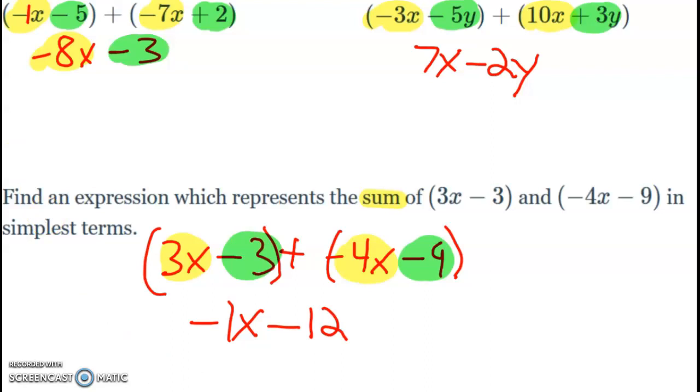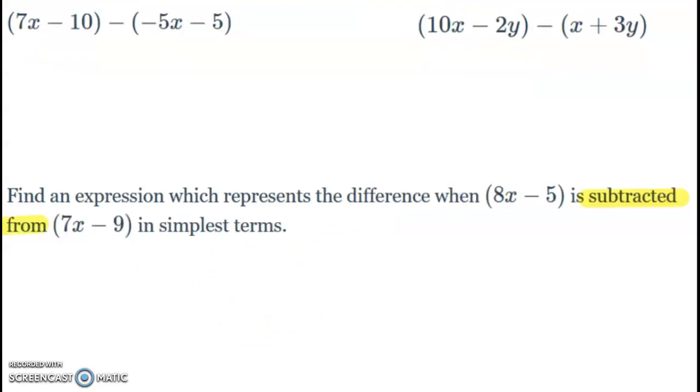Alright, let's take a look at another example. Now, all of those are addition. Now we're going to take a look at subtraction. So with subtraction here, what you want to do is distribute that negative 1 first before you do anything.